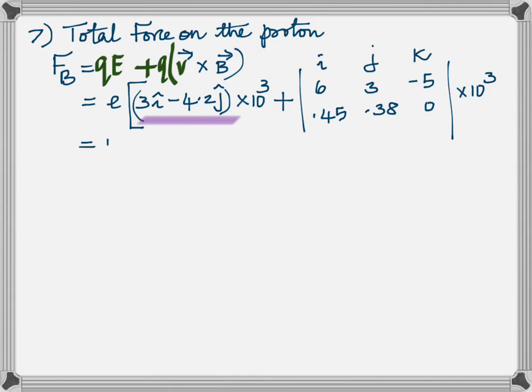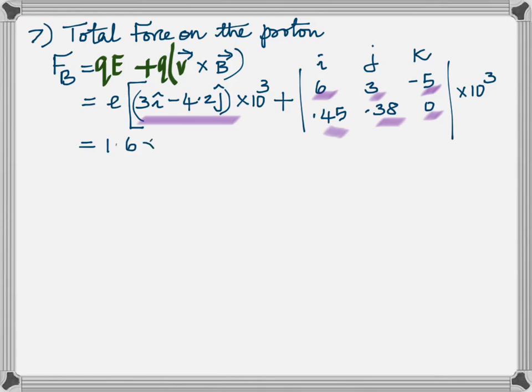So these are the components of velocity, because velocity is given as 6I plus 3J minus 5K. And these are the components of the magnetic field. It doesn't have a K component.